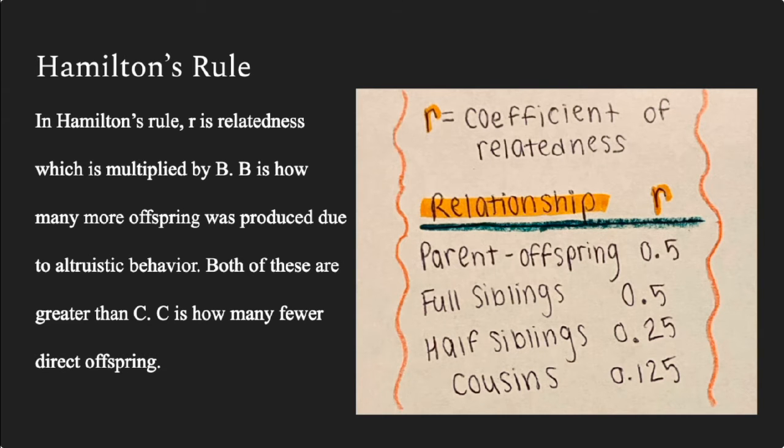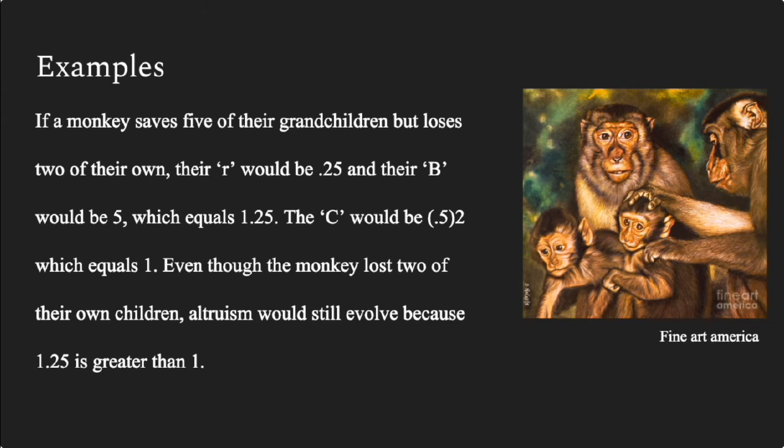For example, if an animal saves 5 of their half siblings but loses 2 of their own children, their R would be 0.25, because that is the relatedness of half siblings. Their B would be 5, because that is how many people were saved, which equals 1.25.